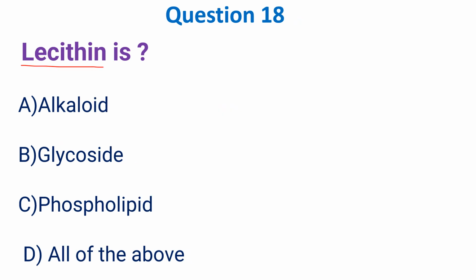Lecithin. What is lecithin? Lecithin is primarily found in soybean and egg. It is also present in wheat germ, peanut, and liver. The food additive lecithin is made in an industrial process.